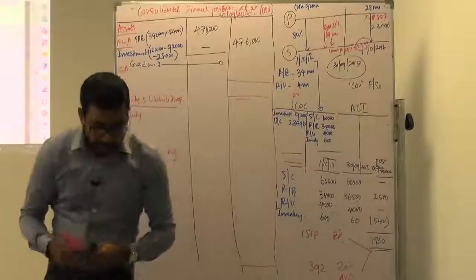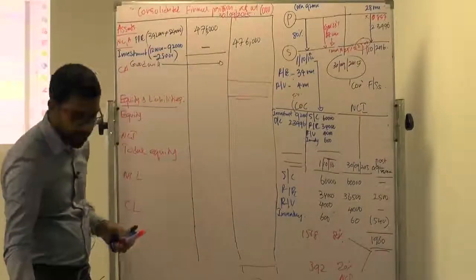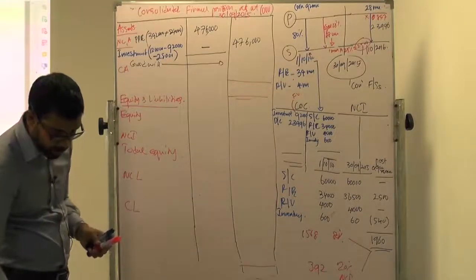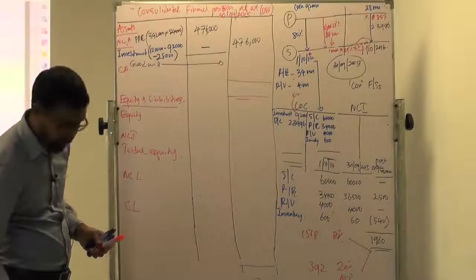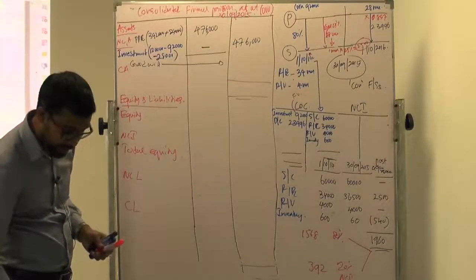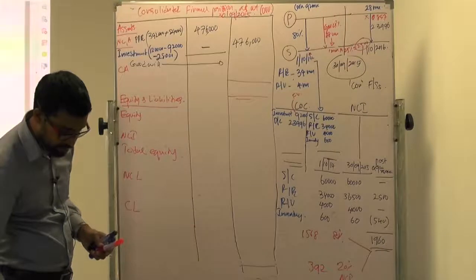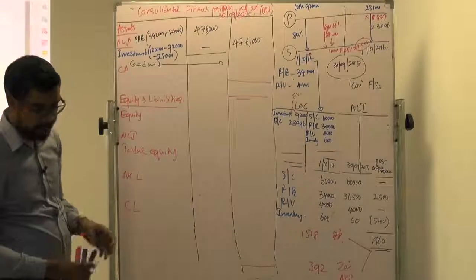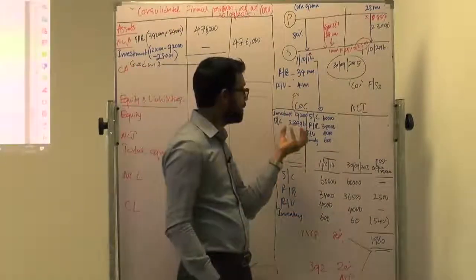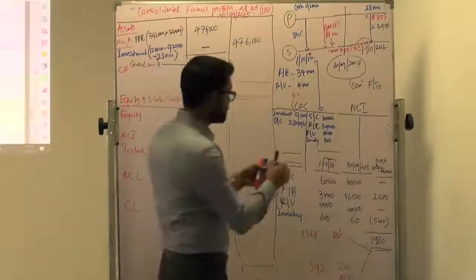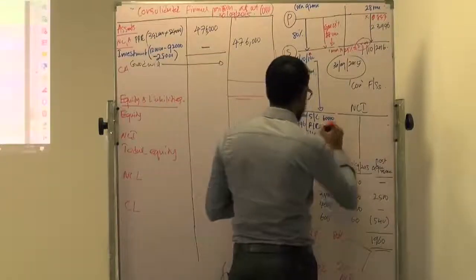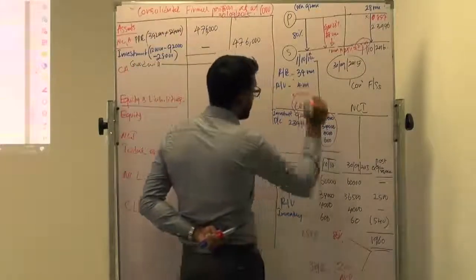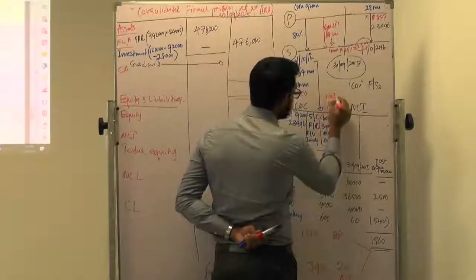How much have you paid? 92,000 plus 23,996, that is 115,996, to achieve this 100% of assets and reserves. Here it is 80%, and this is 100%.